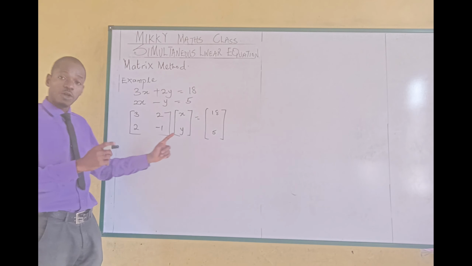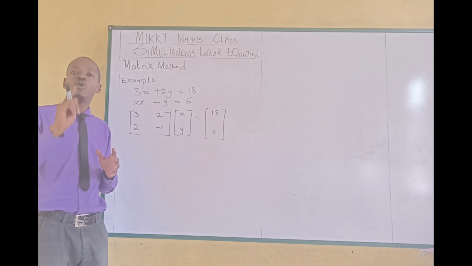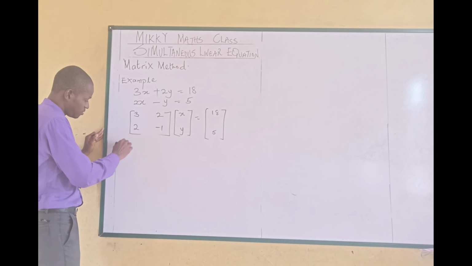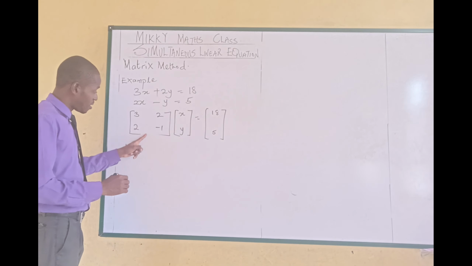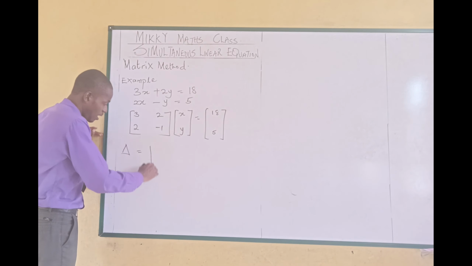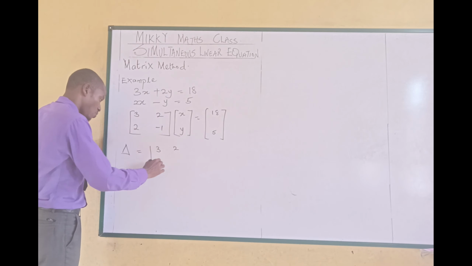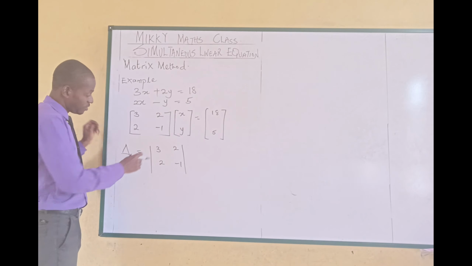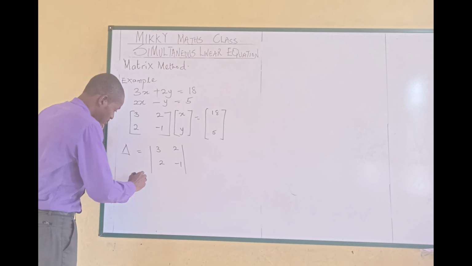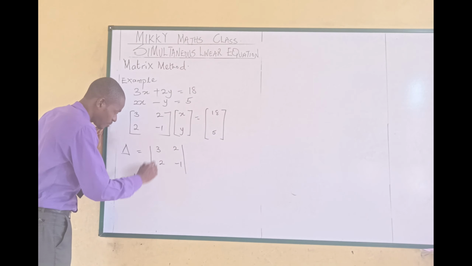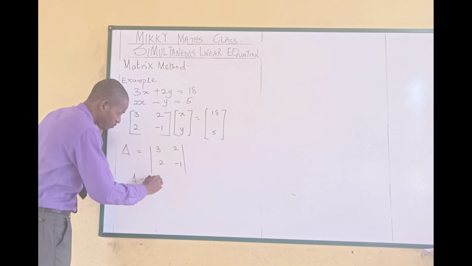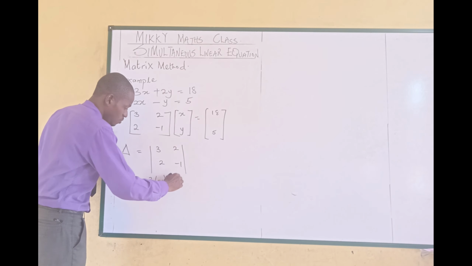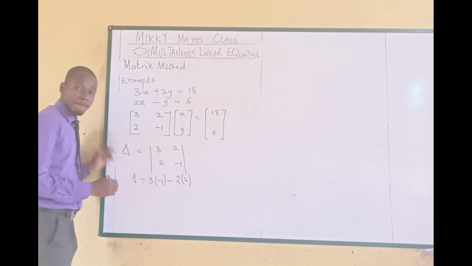When you are solving simultaneous linear equations using the matrix method, you arrange the equations in matrix form. After you've done this, the next thing is to look for the determinant of this 2 by 2 matrix. How do we do that? This is 3, 2, 2, minus 1. The determinant will be 3 times minus 1 minus 2 times 2.